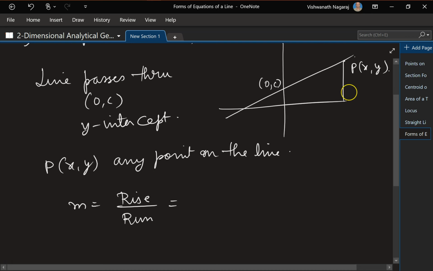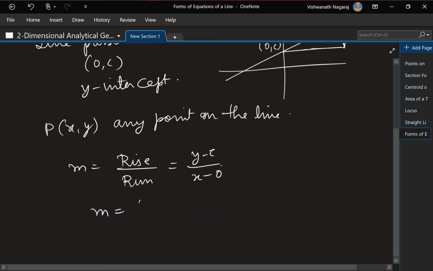Do we go till there? No, we don't go till the x-axis. We go till the y-intercept, right? So rise, this part, would be what? y minus c, divided by a run, that is from here to here. So this would be x minus 0.